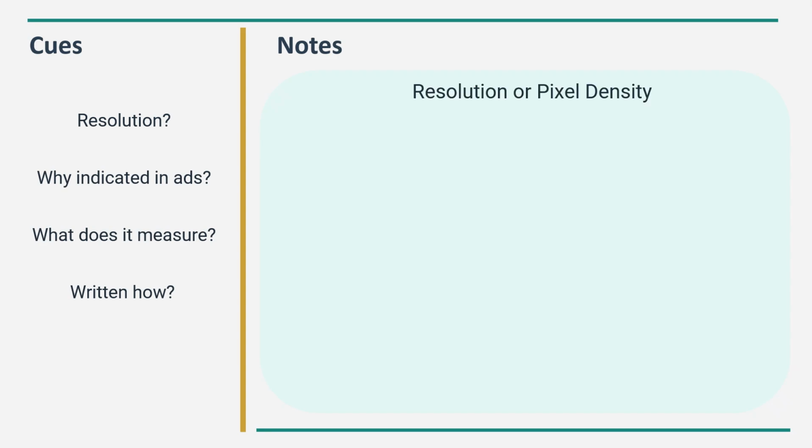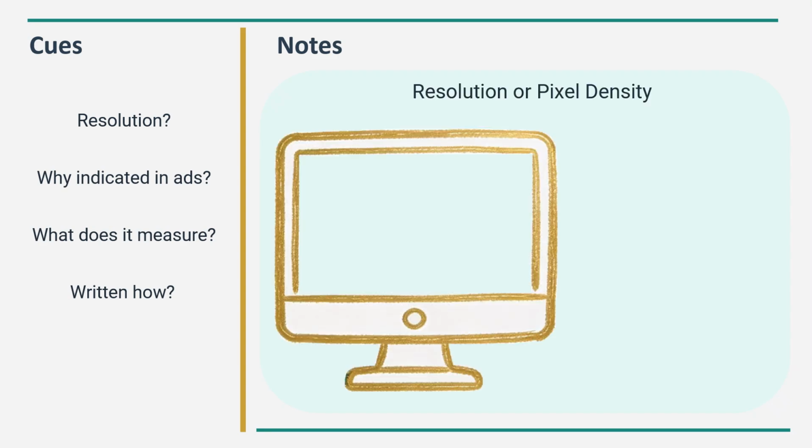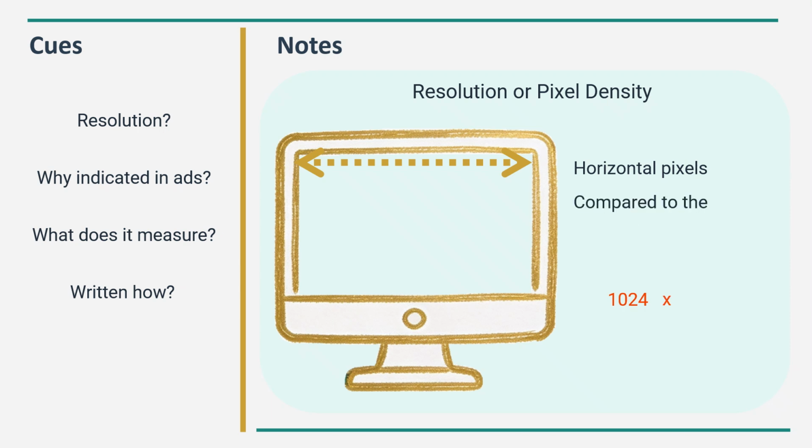The resolution or pixel density in a screen is different from that of a scanner or an image, and you should therefore be careful to read your question correctly. The resolution is an indication of the horizontal pixels measured in a value, multiplied with the vertical pixels measured in a certain value.